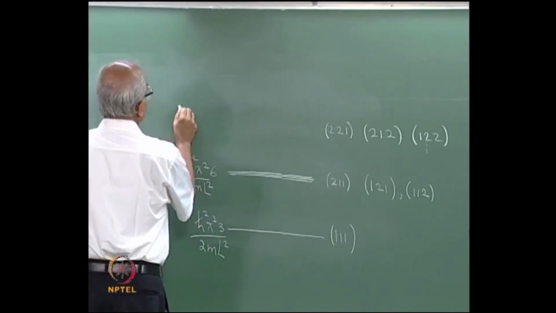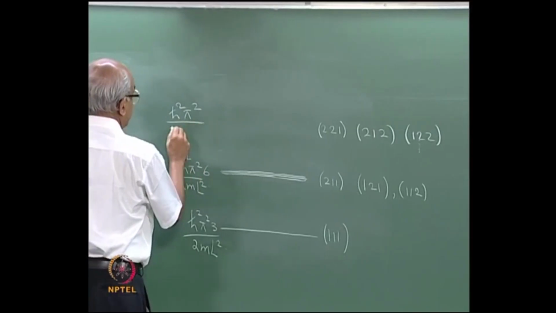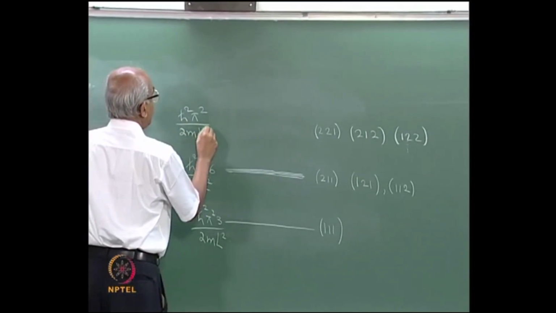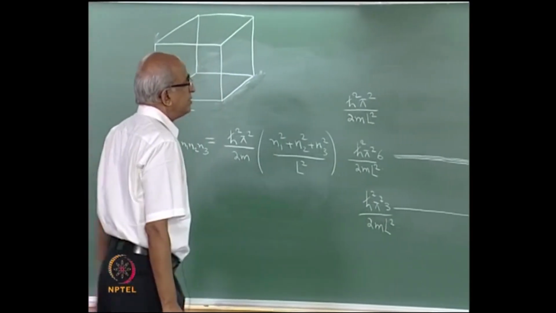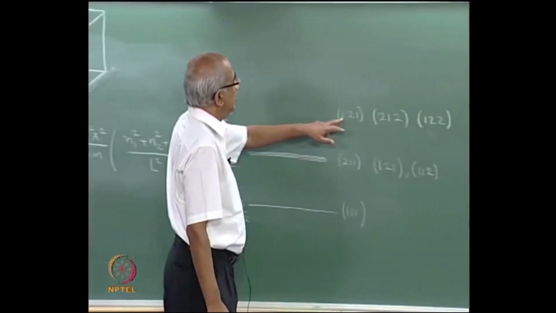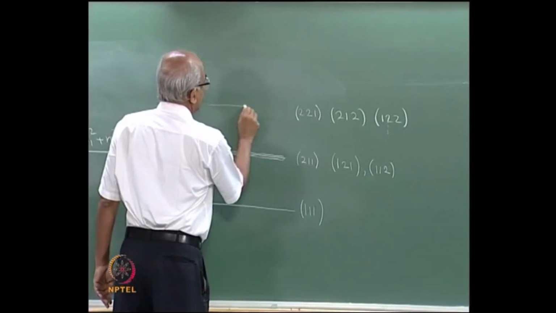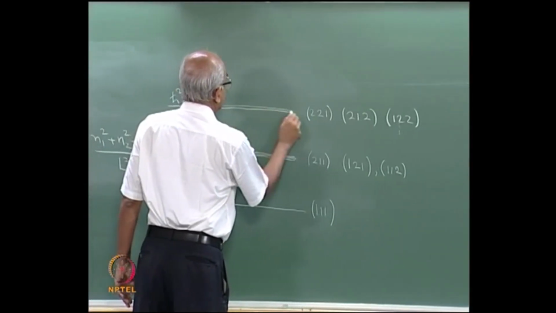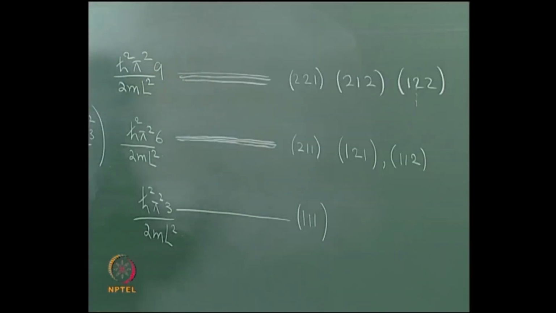It will be equal to h cross square pi square divided by 2m L square multiplied by 9, and obviously this energy level also is triply degenerate. As I said, it is indicated by drawing 3 lines very close to each other.